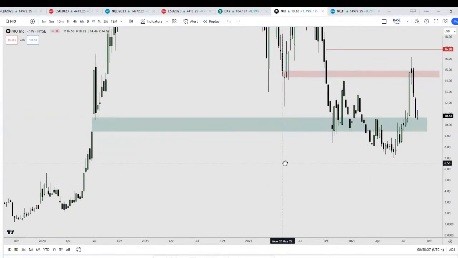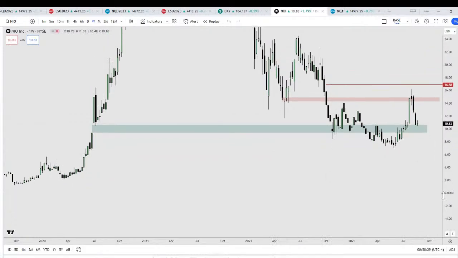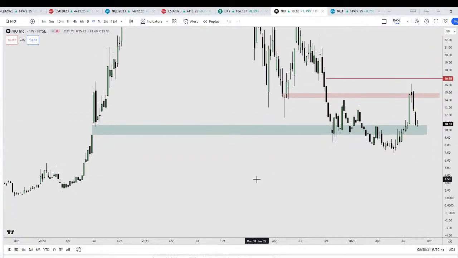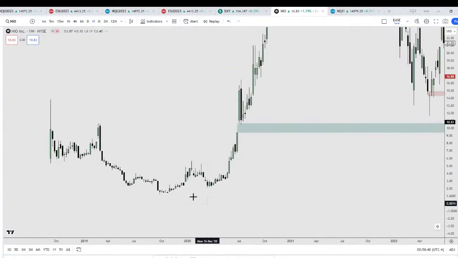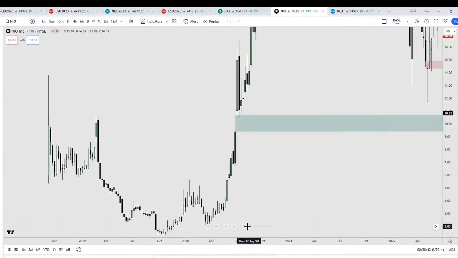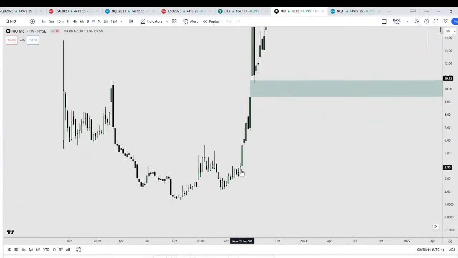And if NEW is bearish, and I think it should due to HSI, then we will be looking at the inefficiencies below the swing low here, which will bring us to about $5. And below $5, we have this price action down here.